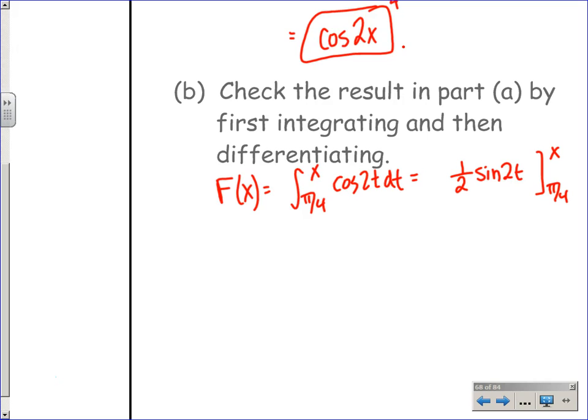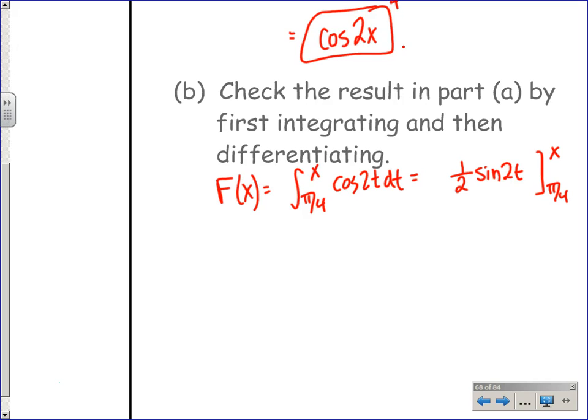What's the derivative of sine of 2t? Cosine 2t times u prime, right? It's been a while since we took derivatives of f of u's. Isn't the derivative of sine of u cosine of u times u prime? So isn't the derivative of sine of 2t cosine of 2t times 2? But what's not there? A 2.